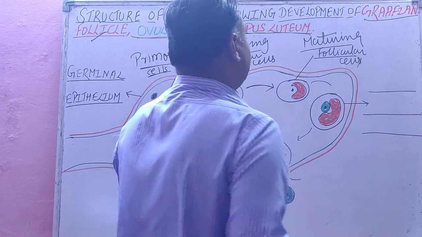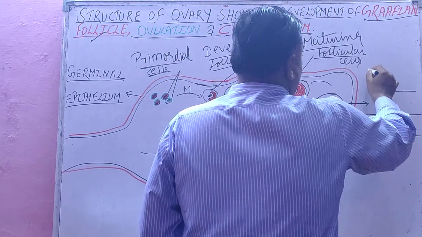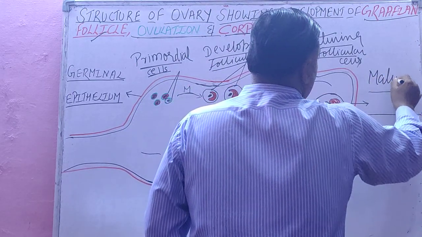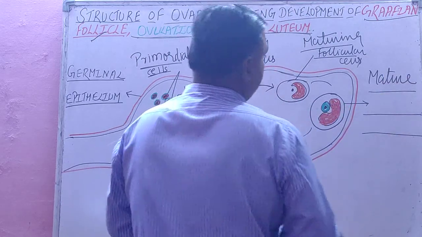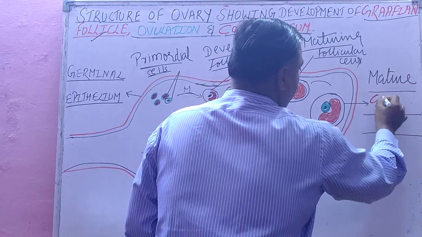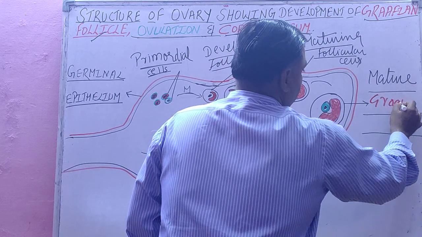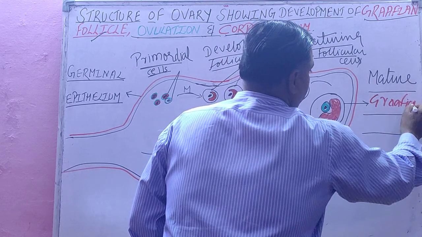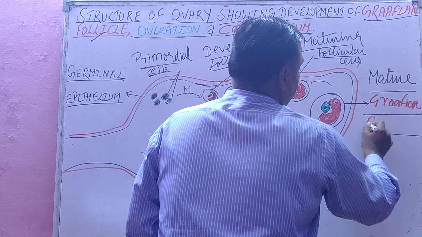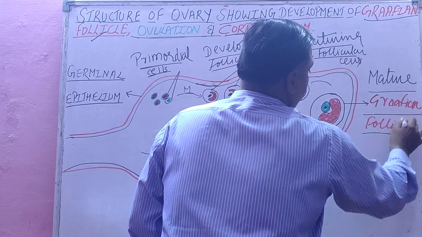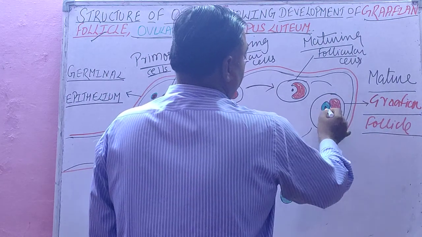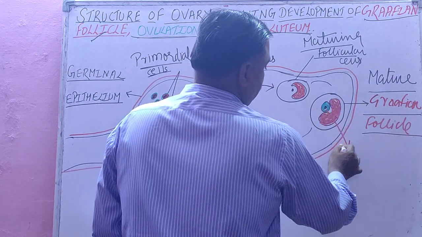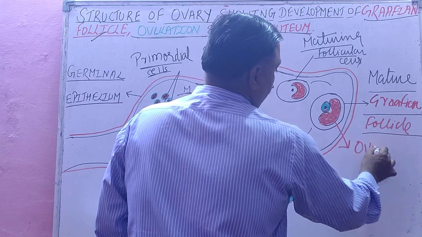Ultimately this will become mature. Pay attention, student. Mature Graafian follicle, or ovarian follicle. Now this mature Graafian follicle consists of follicular fluid, follicular cells and the ovum in between.